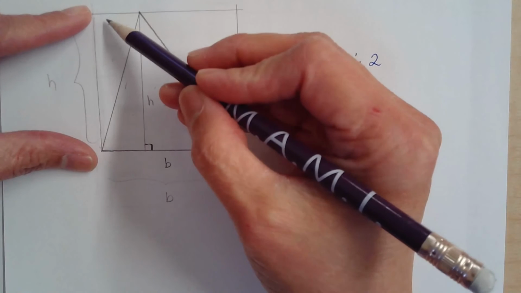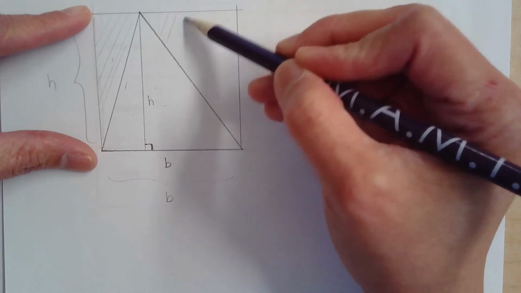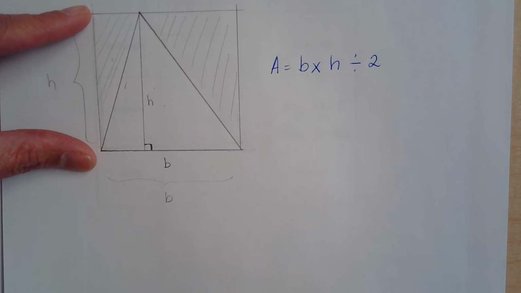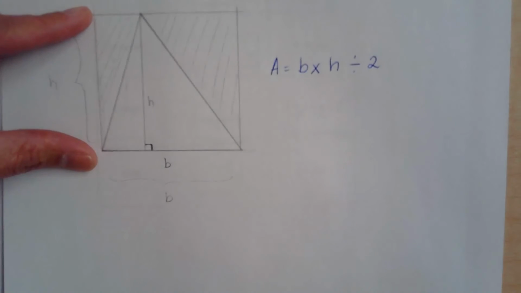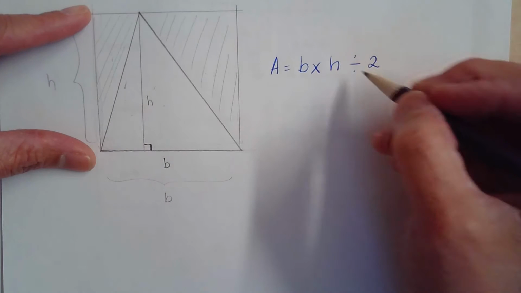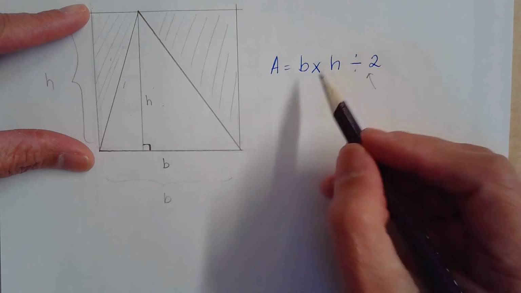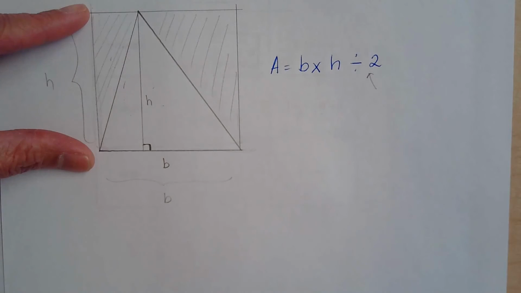We just want to make sure we get rid of the other half. We're only taking half of this rectangle. So that's why we had to divide it by 2. So that tells us we're only taking half of the rectangle that I made on the outside.